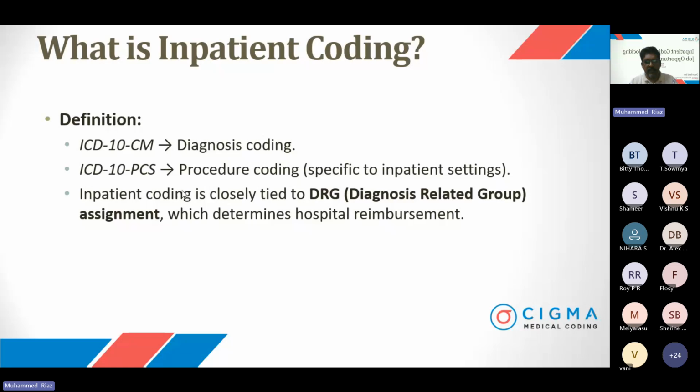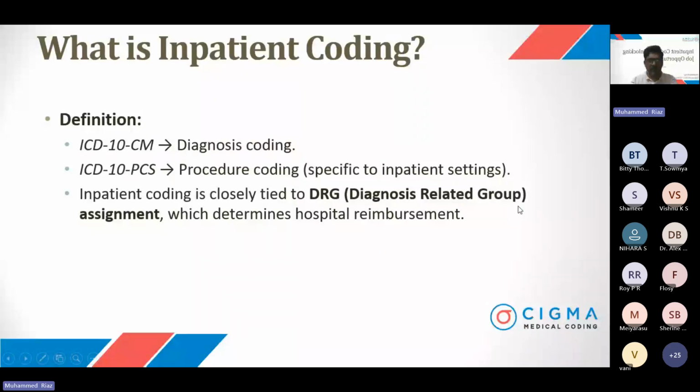That is why the inpatient coding system is entirely different, and it works on diagnosis coding and procedural coding. But the package will be paid based on one classification, or method of reimbursement, called the DRG, diagnosis related group.